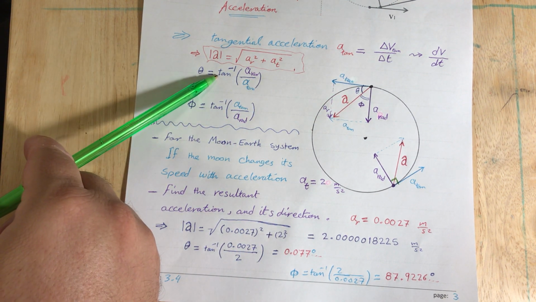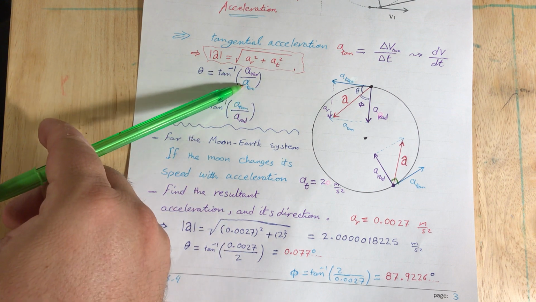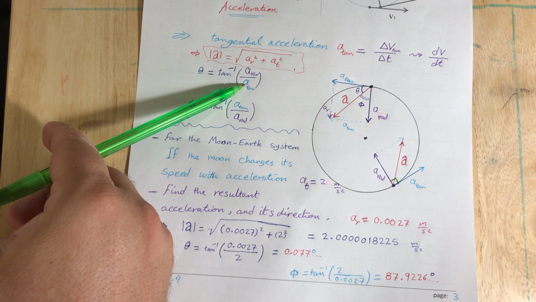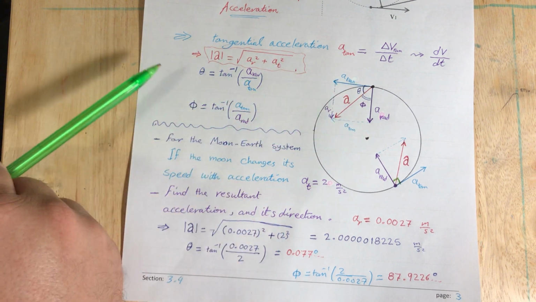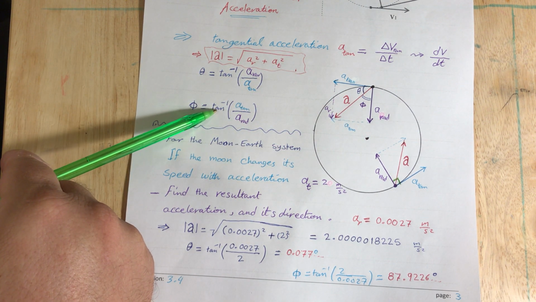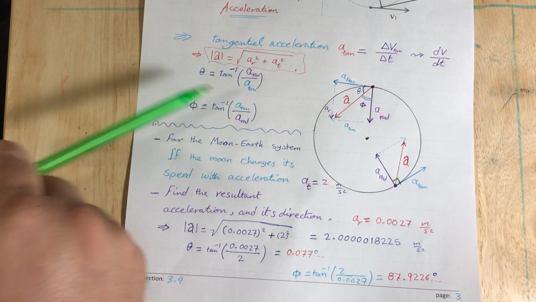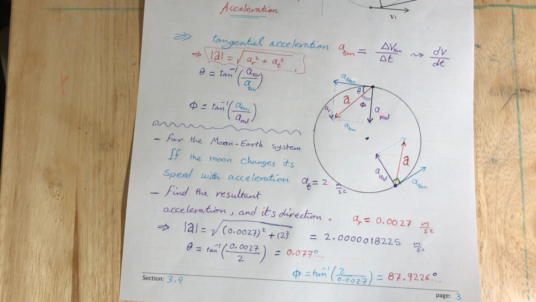So theta is equal to tan inverse of A radial over A tangential. If I need to find phi from the radius, it is equal to tan inverse of A tangential over A radial.